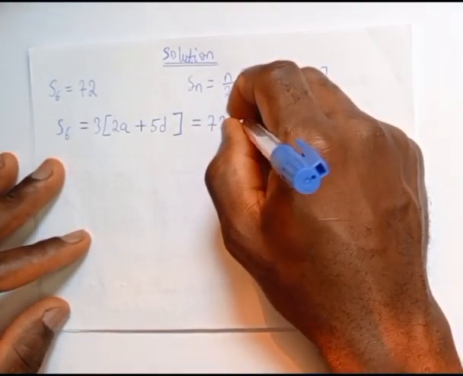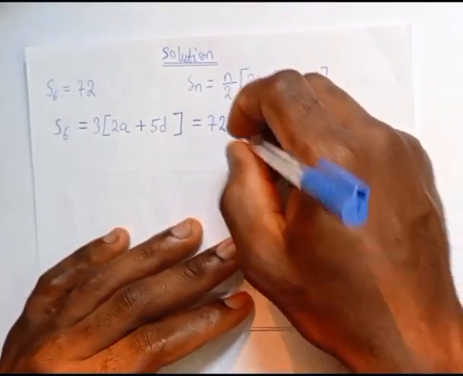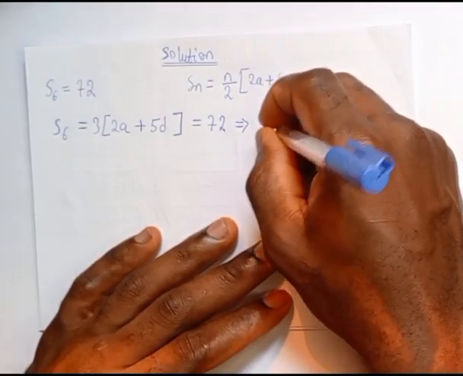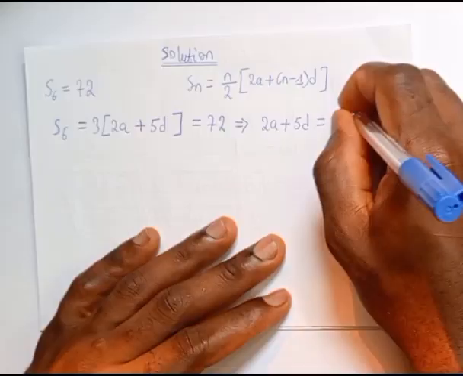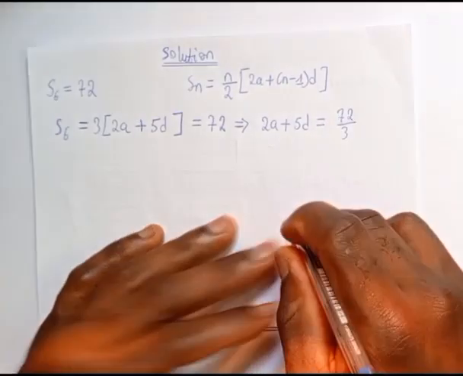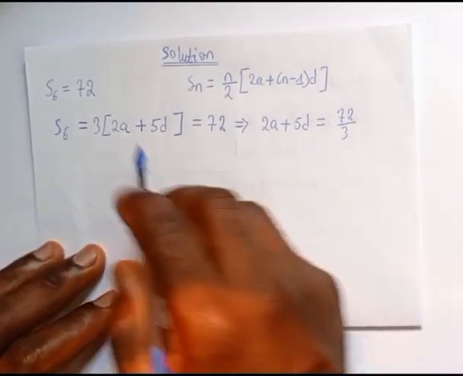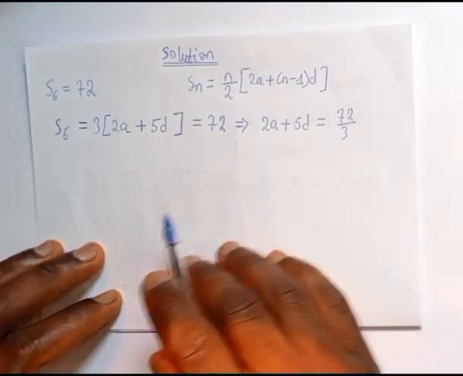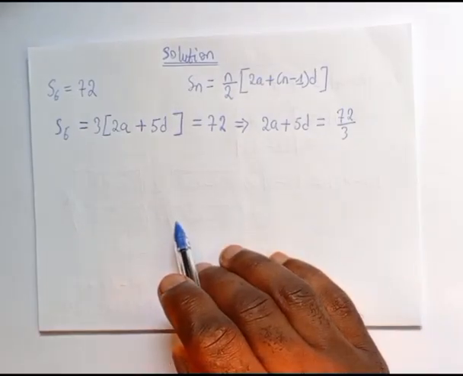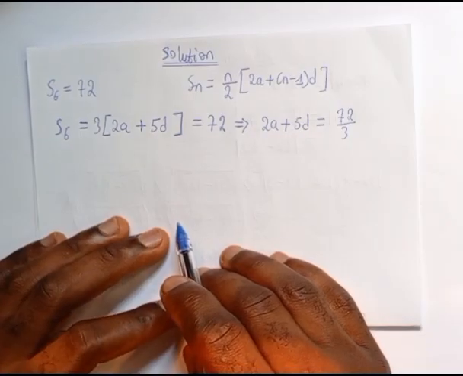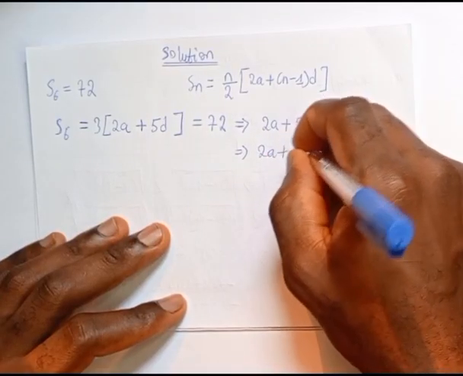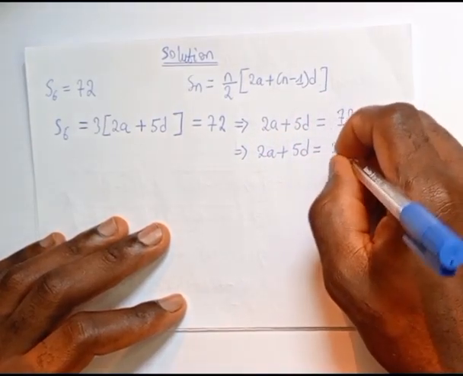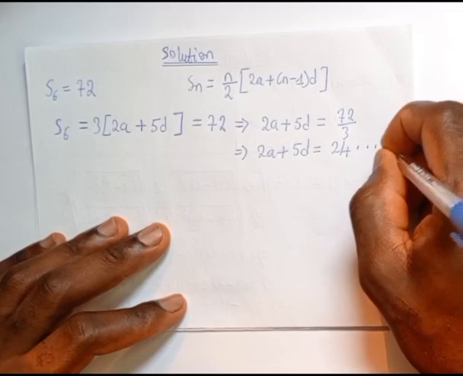This will simply imply that 2a plus 5d is equal to 72 divided by 3. If we divide both sides by 3, 72 divided by 3 gives us 24. Then 2a plus 5d is equal to 24. We call this one equation 1.